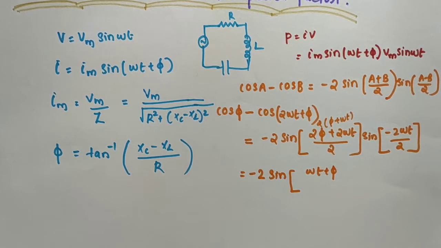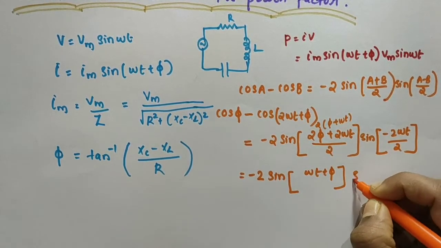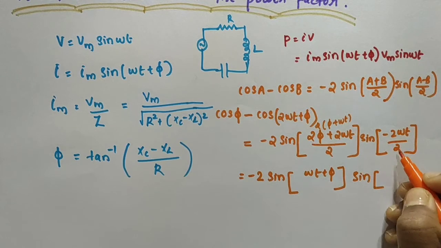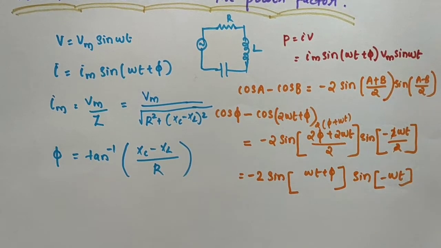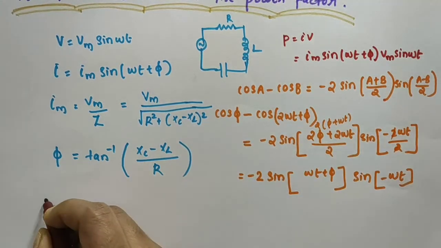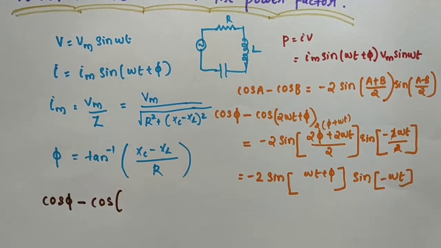So, we will get omega t plus phi. So I wrote it as omega t plus phi into sin of minus 2 divided by 2. 2 cancel now. So, this will be minus omega t. So, we are getting this expression like this now. That is cos phi minus cos of what?